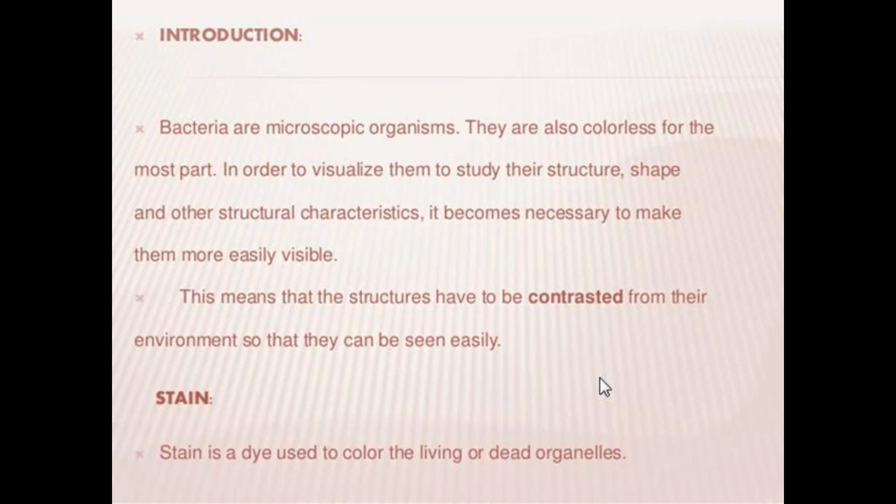These microscopic organisms are colorless, so to observe the colorless microorganisms present in a particular sample, first they have to be stained with different types of stains or dyes, which allows visualization of different pathological microorganisms.